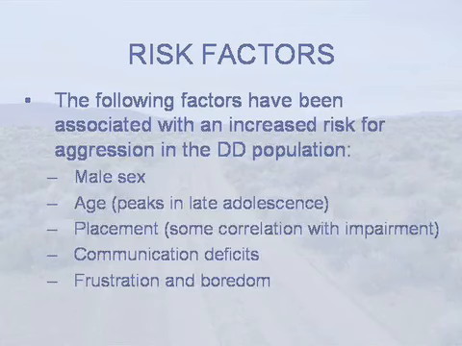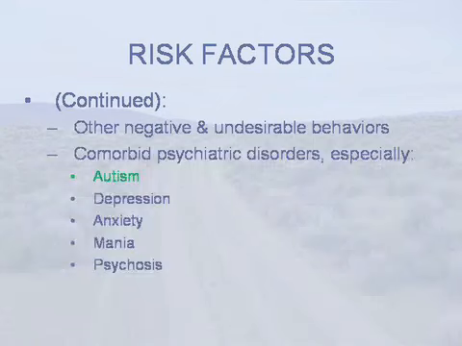So this really has implications for programming within these specialized settings. Other negative and undesirable behaviors can also contribute to aggressive activity, for example, oppositionality. And then, as I alluded to earlier, comorbid psychiatric disorders. Especially high on the list is autism or autistic features, depression, anxiety, mania, and psychosis.